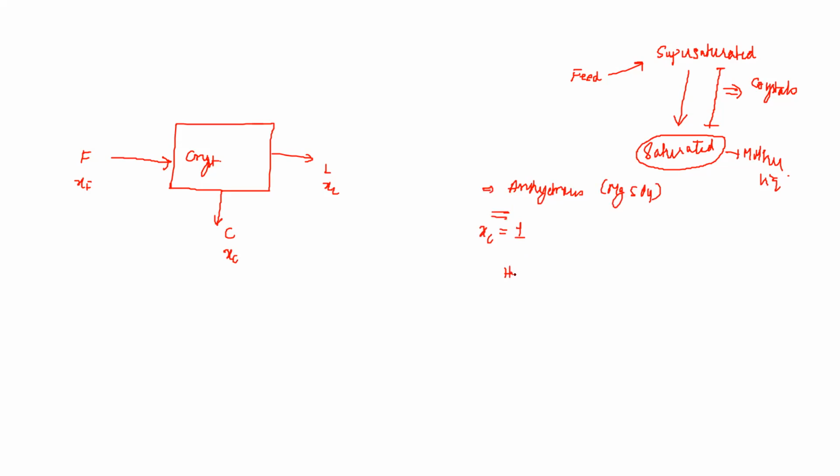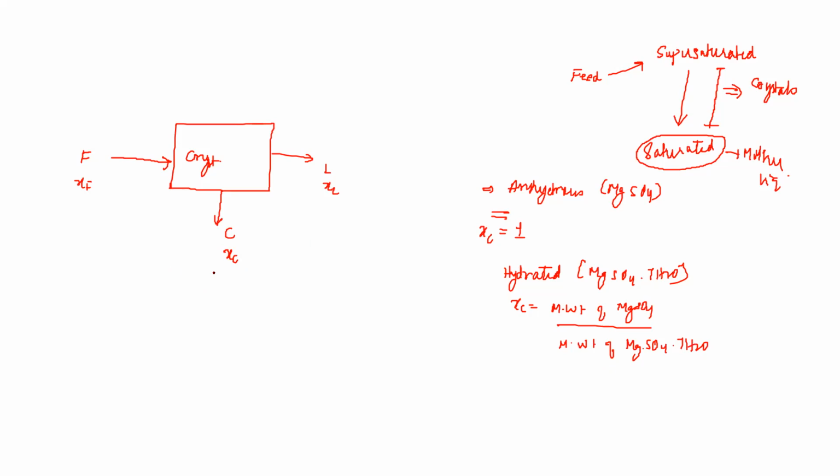If the crystal is hydrated in nature, for example, let's say you're taking MgSO4.7H2O, then your Xc is going to be the molecular weight of the anhydrous crystal, that is MgSO4, upon the molecular weight of the hydrated crystal, MgSO4.7H2O. So that's how you calculate Xc.